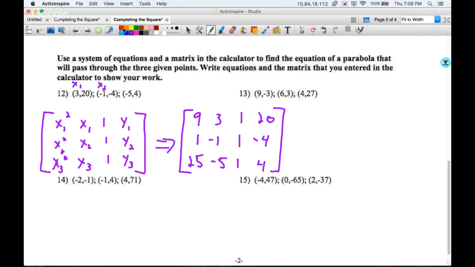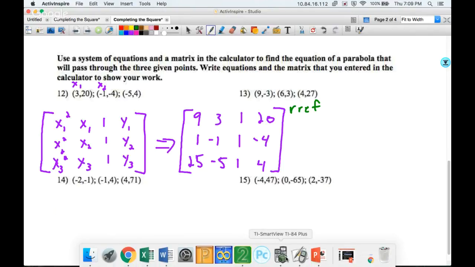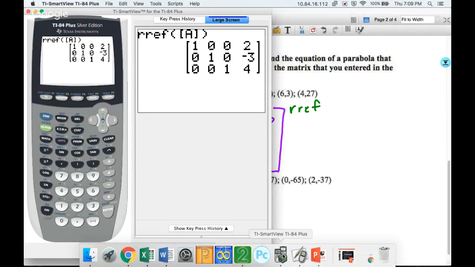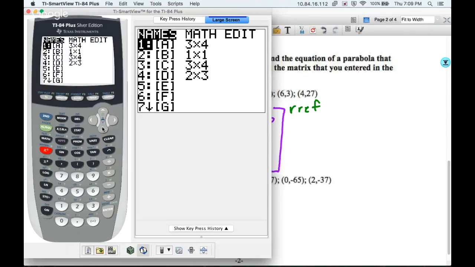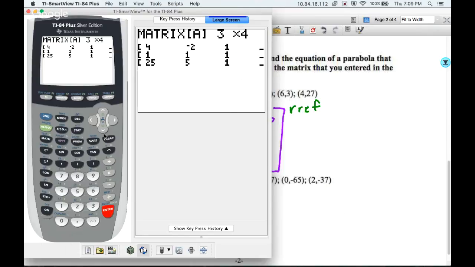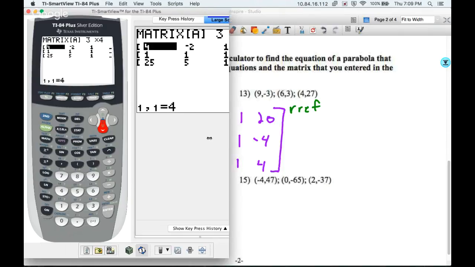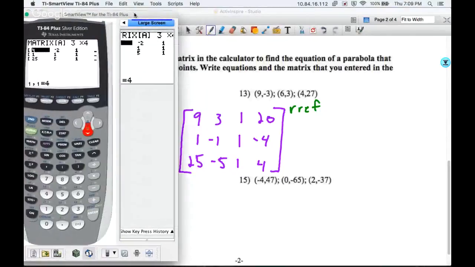Let's do reduced row echelon form in the calculator. I will show this for this one problem with my on-screen calculator. Second, x to the negative 1 to bring up matrices. Scroll over to edit. Enter. We want a 3 by 4 matrix, so if it's not already, make it one. I've got to get this matrix in there.